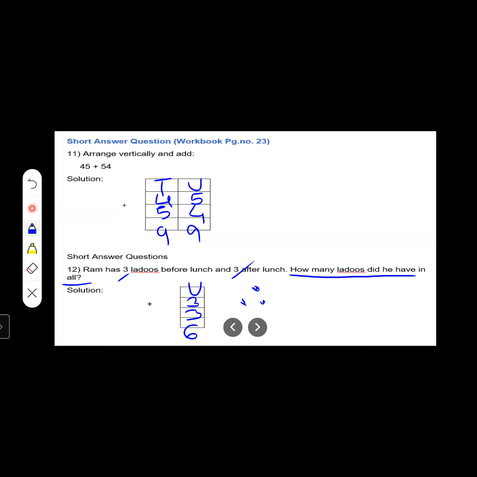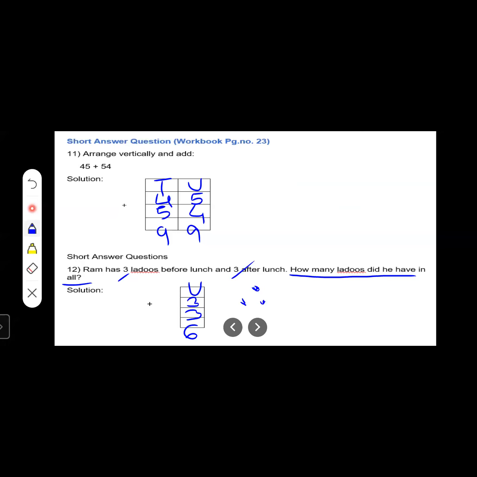Instead of writing the whole spelling, in maths we put 3 dots over here. After solving the word problem, what is this word problem? It is given in a sentence, na? So this is called a word problem.